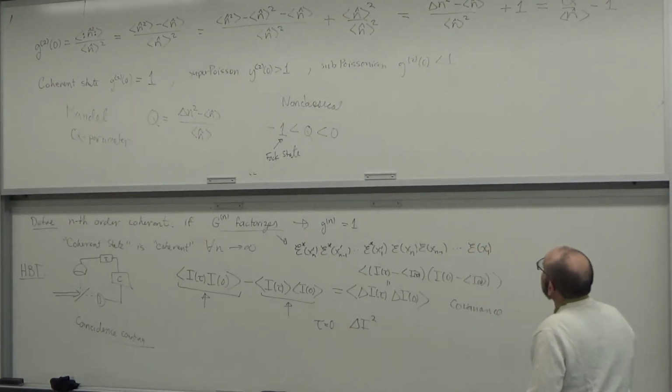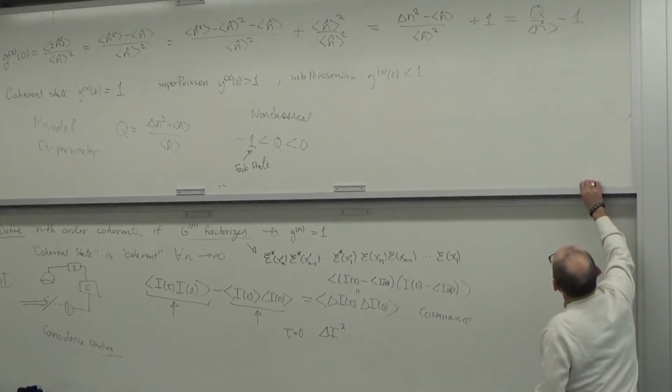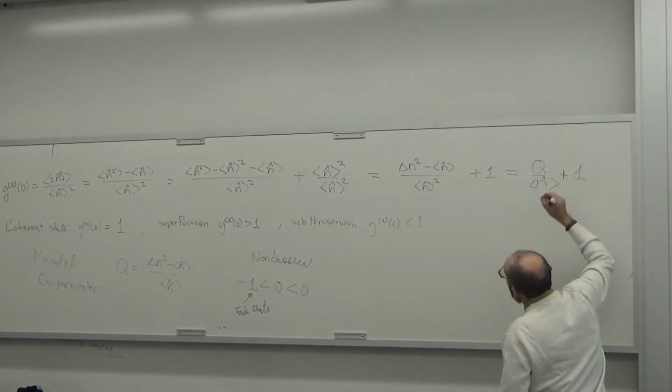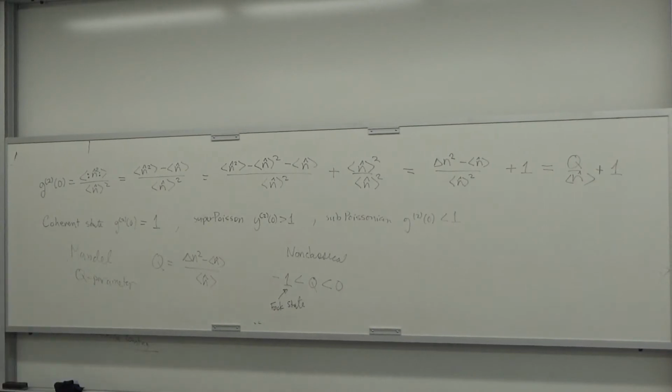Question. I'm listening. Should that be Q over N plus 1 or minus 1? It should be plus, indeed. So then if we have a Fock state greater than 1, then we're going to have a G2 of greater than 0 still?